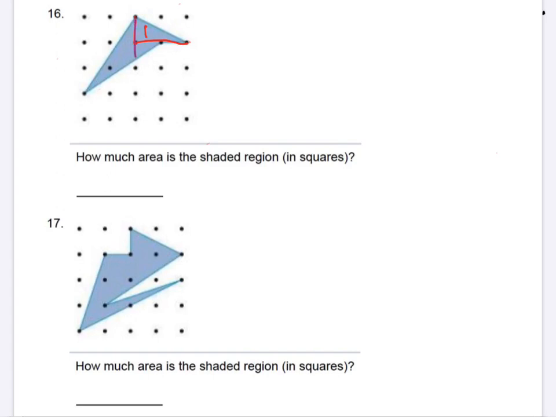How are we going to figure this weird shape out? You can't tell, like, how wide is this? It goes from 1 dot to another dot and then part way. How far is that? Can't really tell. This is such a weird shape that we really want to do it by subtraction.